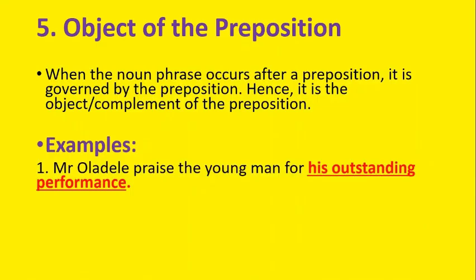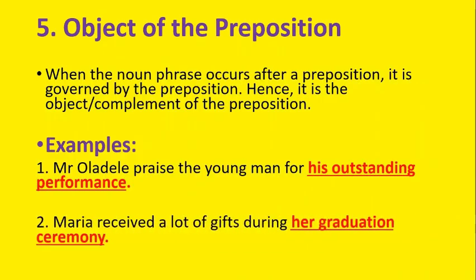For example, Mr. Oladele praised the young man for his outstanding performance. His outstanding performance is the noun phrase and is coming after the preposition for. So it is being governed by the preposition, and we say it functions as the object of that preposition or the complement of that preposition.